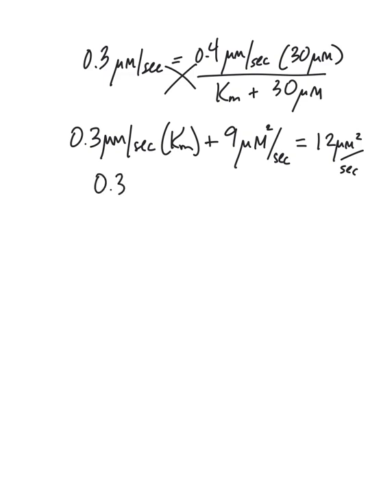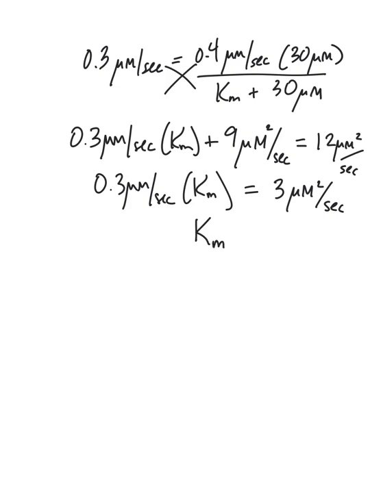So we've got 0.3 micromole per second times Km. I'm going to subtract 9 from both sides of the equal sign. So I'm left with 3 micromolar squared per second. And then I divide both sides by 0.3.